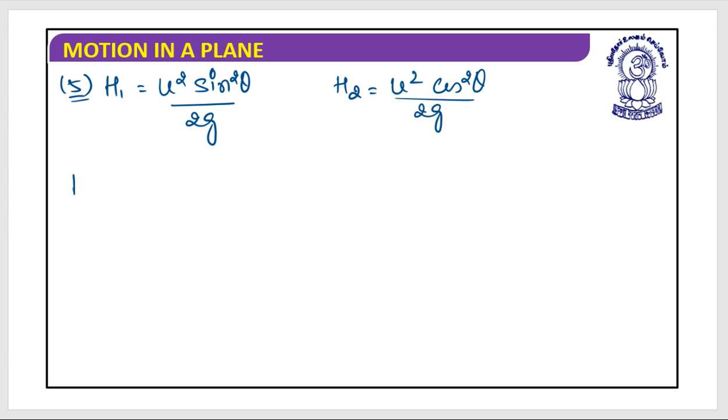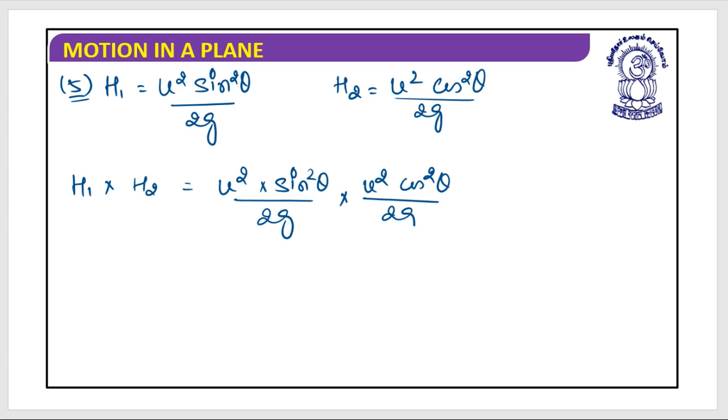Let's multiply this. It is h1 multiplied by h2. Then it can be u square sine square theta divided by 2g multiplied by u square cos square theta divided by 2g.